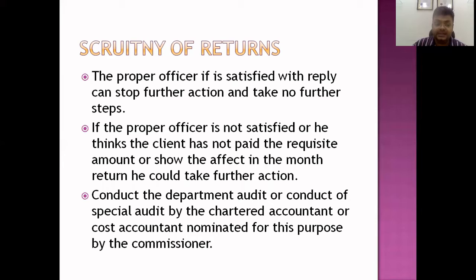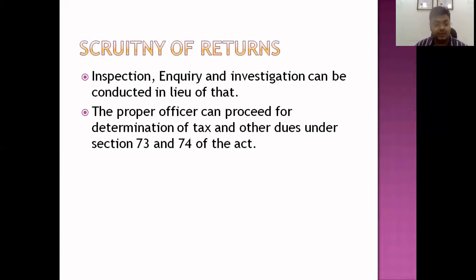The proper officer cannot take action against you on the basis of scrutiny of returns notices alone. He has to go for other sections. Those include a departmental audit, audit by a chartered accountant, inspection, inquiry, or investigation. Or he can move towards section 73 or 74 for the recovery of tax, interest, and penalties.